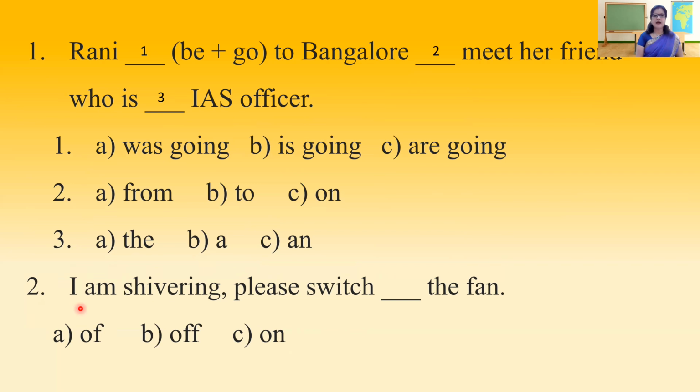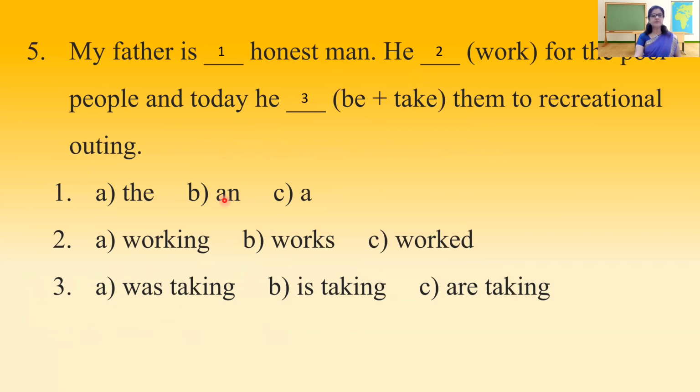Next one, I'm shivering. Please switch dash the fan. So I'm shivering. Please switch off the fan. Off, switch off the fan. Next, my father is a dash honest man. He dash for the poor people and today he dash them to recreational outings.